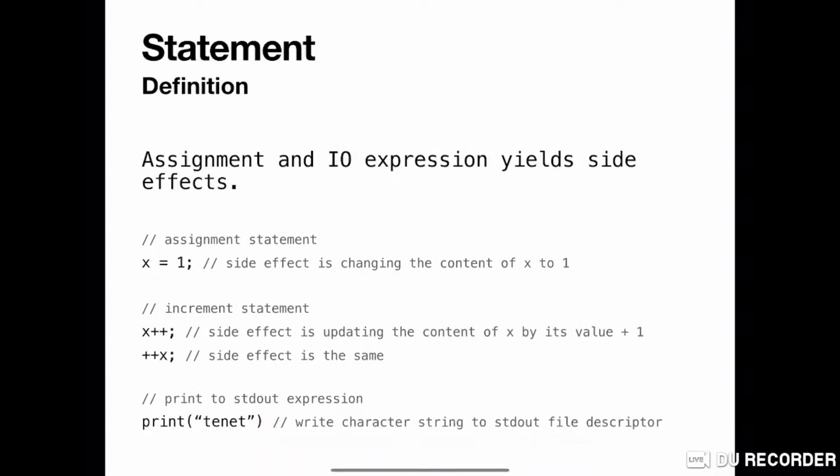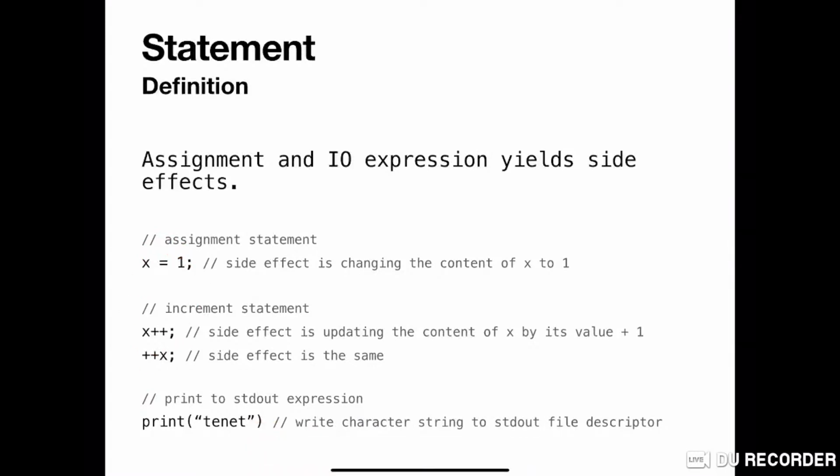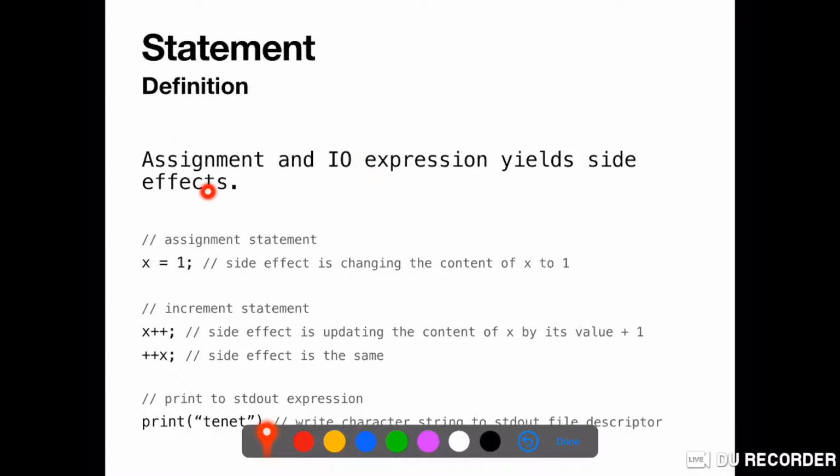So what we talked about was assignment, but also I/O expressions like print. It also causes a side effect because it's writing a character string to a stdout file descriptor. It's also changing the context, changing the display. So these are the two most common things that yield a side effect.